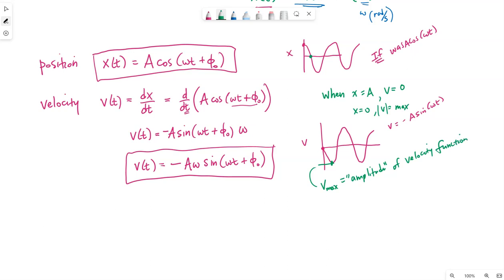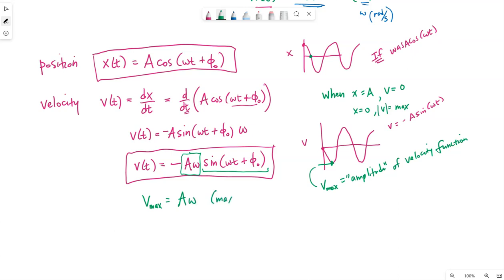If we come back and look at this equation for velocity, the sine portion, sine and cosine, always has a maximum and minimum value of 1 or negative 1. And so the maximum value of v is whatever is out here in front of the sine function, A times omega.